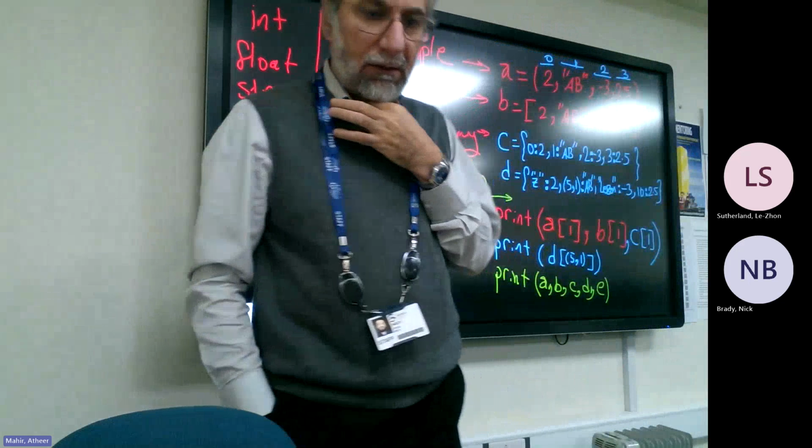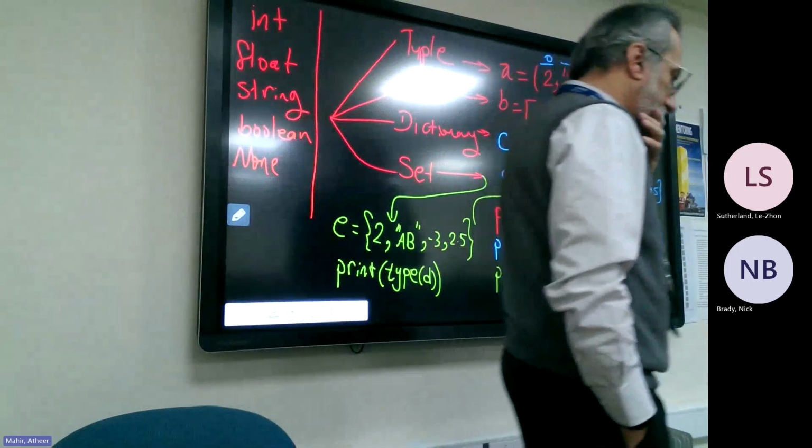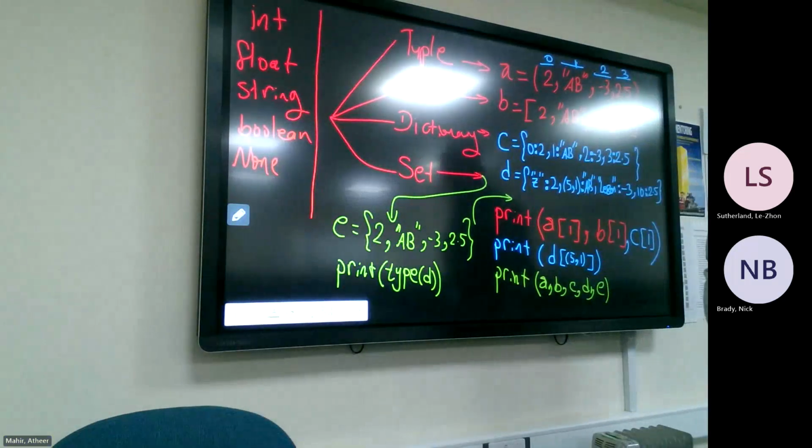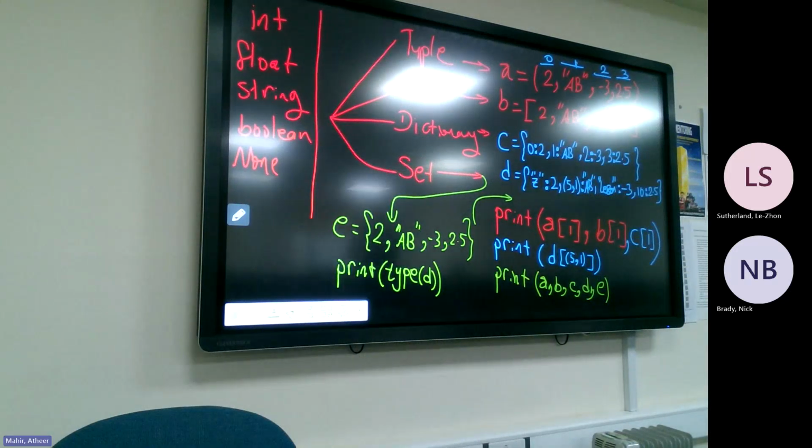Nick, if you can write these things as well and tell me what the result on the program is. Make it small, make it small is better. All of them make it small.